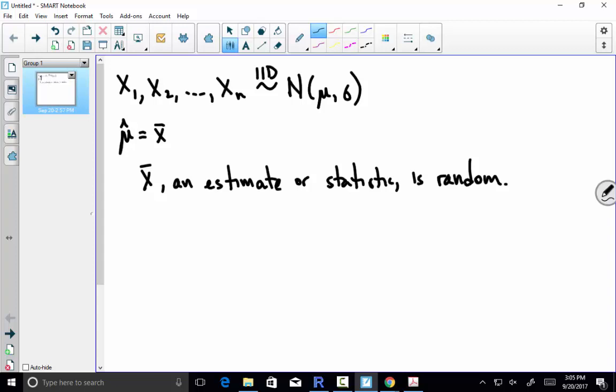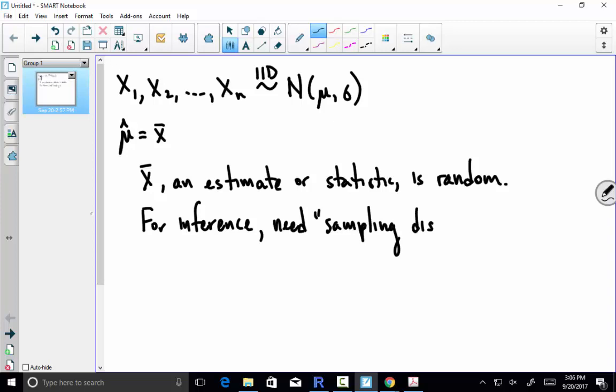And for inference, confidence interval or p-value, we need the sampling distribution of this statistic. It turns out in the univariate case, if our data are normal, as I've written here, the sampling distribution of x bar is also normal.